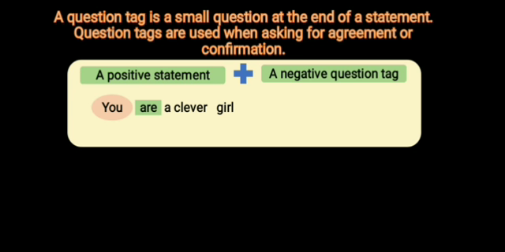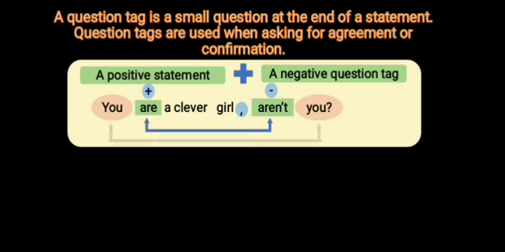So we have are, which is the positive statement verb here. So when we form a question tag, we have to put a comma, and then the negative form of the verb, that is aren't, and the appropriate pronoun, that is you, and a question mark. So that's: you are a clever girl, aren't you?